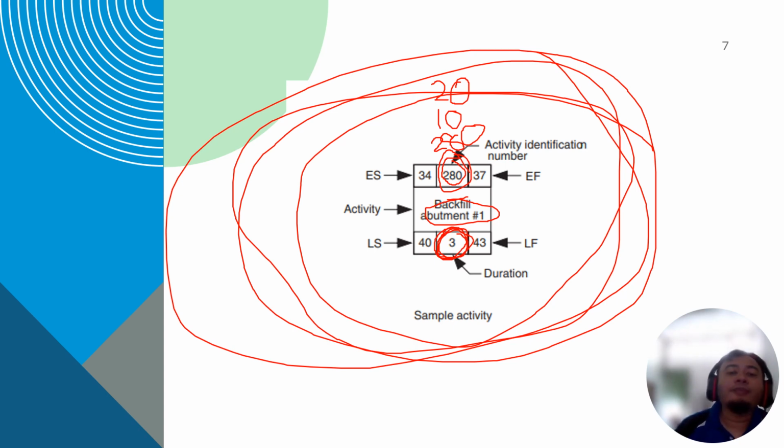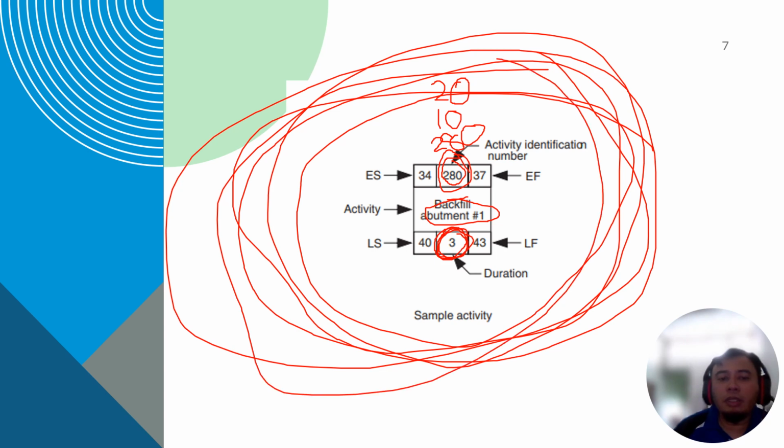During your estimation, in this precedence network diagram for the sample activity, you also have early start. This is day 34. This is early finish, so it starts on day 34. It took 3 days to complete backfill abutment, so your early finish would be on day 37.